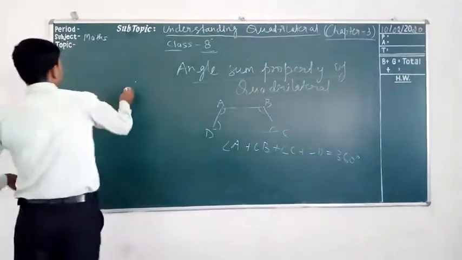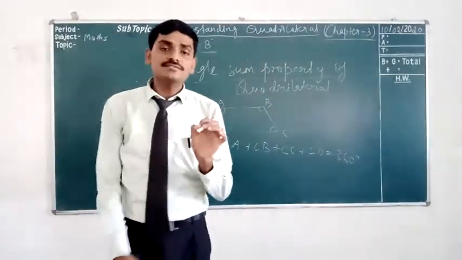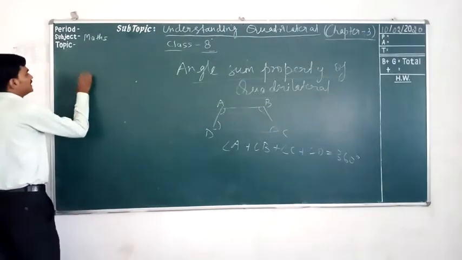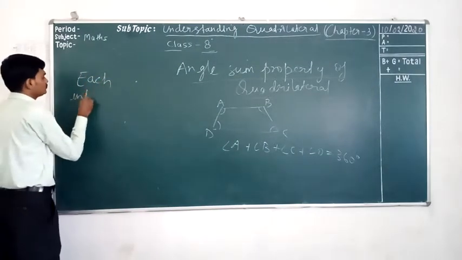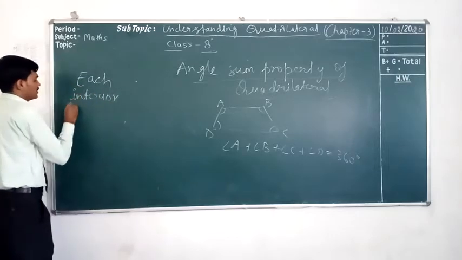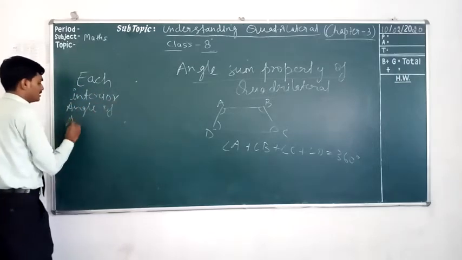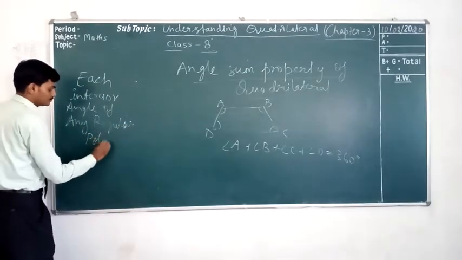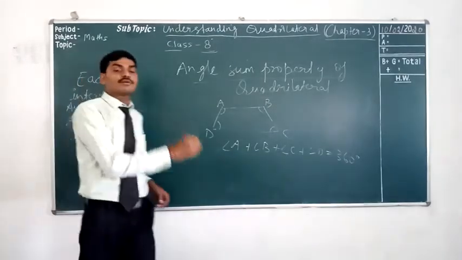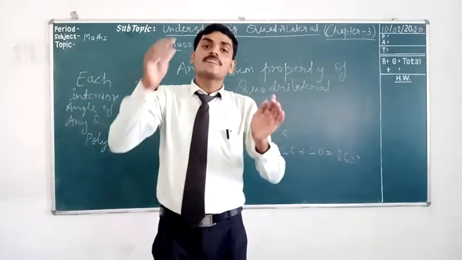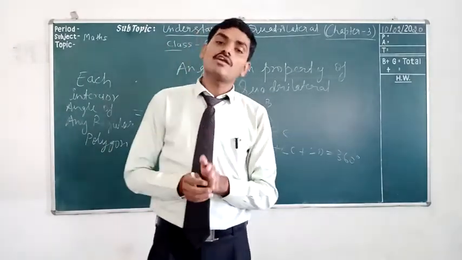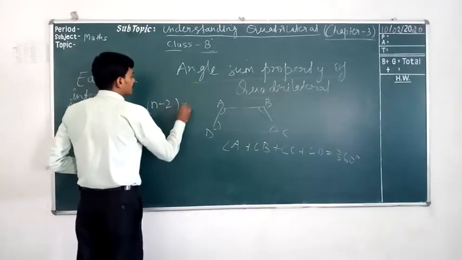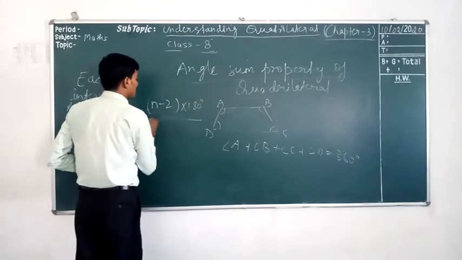Okay. Now, if we have to find each interior angle of any regular polygon, then we will use this formula: n minus 2 into 180 degrees divided by n.